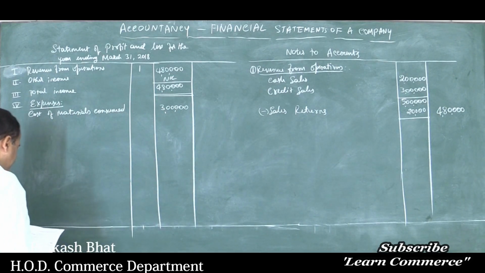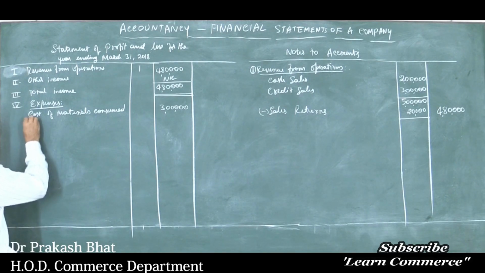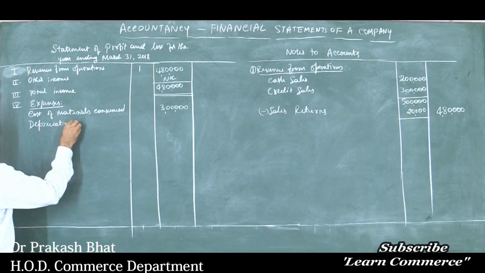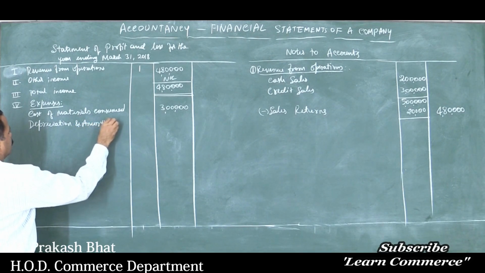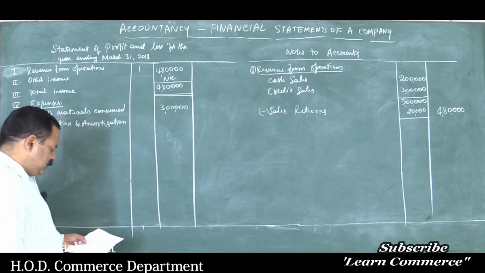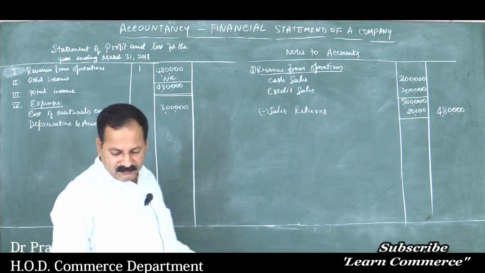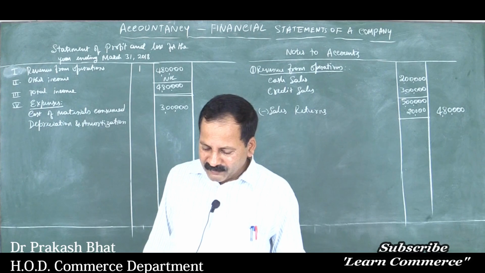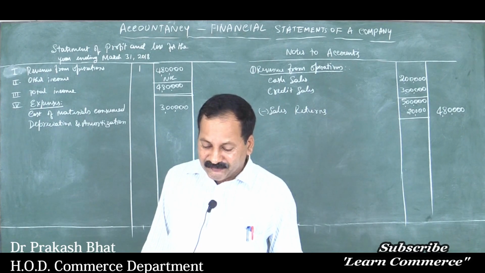Then other expenses. Before that, depreciation and amortization. How much is it? Is it 35,000? Depreciation on buildings and machinery at 10% each.